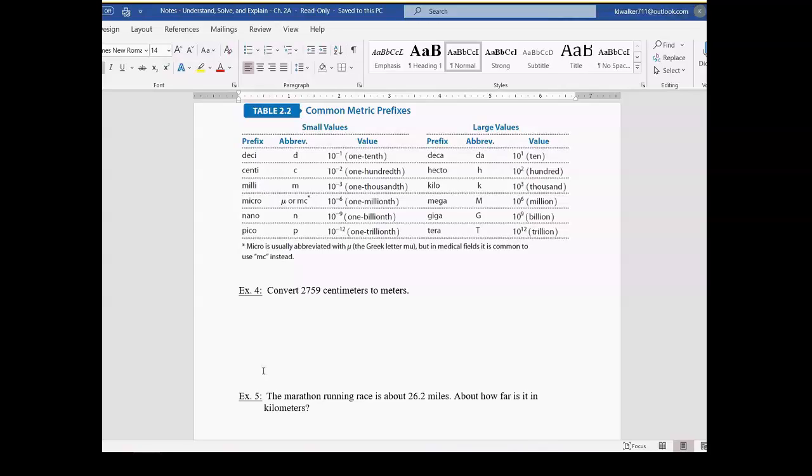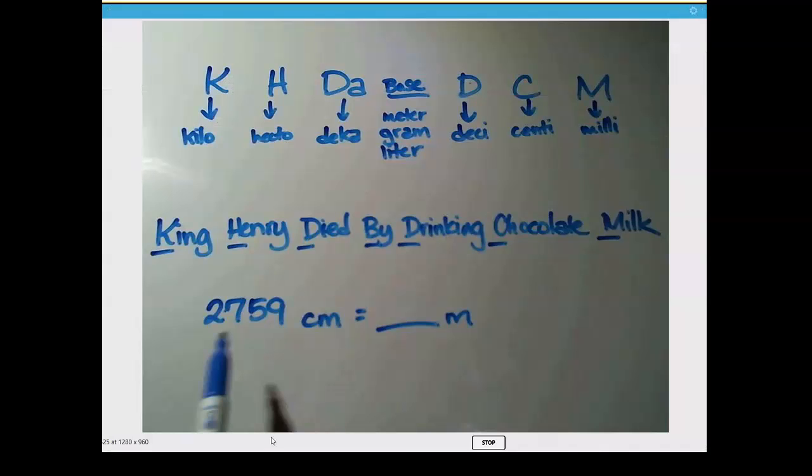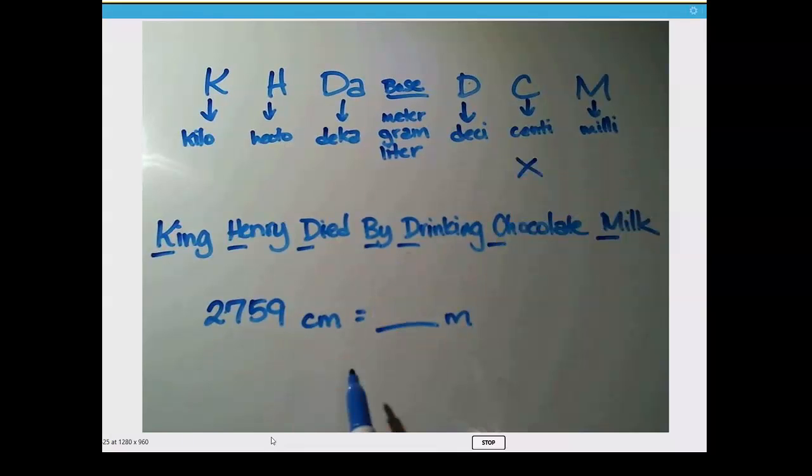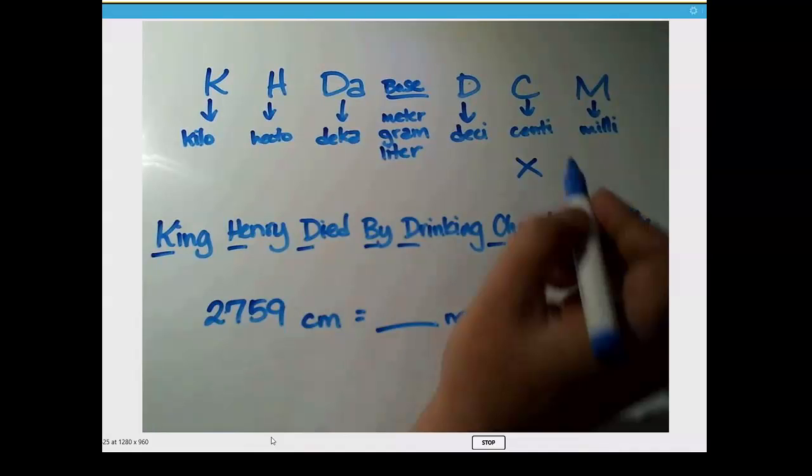So we're going to convert 2,759 centimeters to meters. So we're starting at centi, and we need to move to meter, which is a base unit.